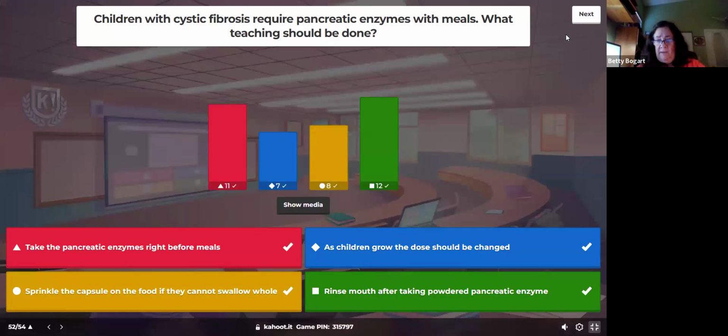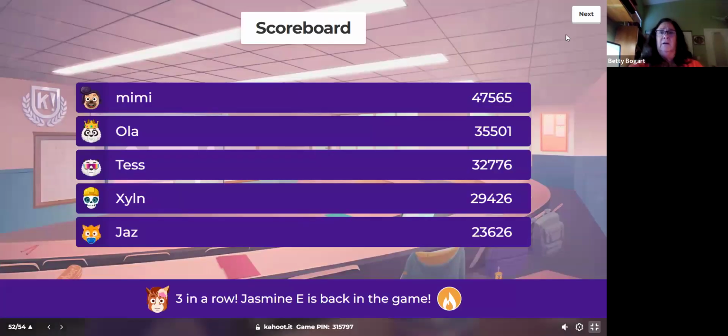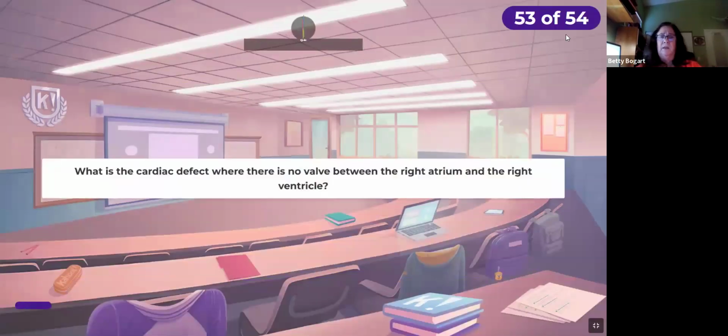Take them right before meals, okay? Not 2 hours before, right before. Sprinkle it on the food with the capsules or the powder. Remember to rinse your mouth because it will hurt the teeth. And again, I think this is probably the biggest thing we forget: children grow, so increase the dose as we need it.